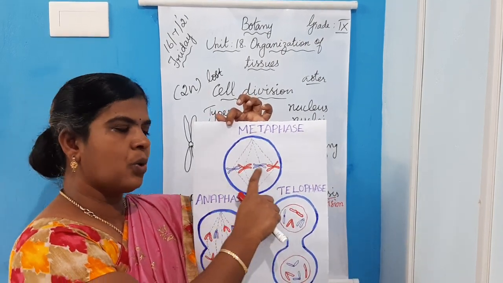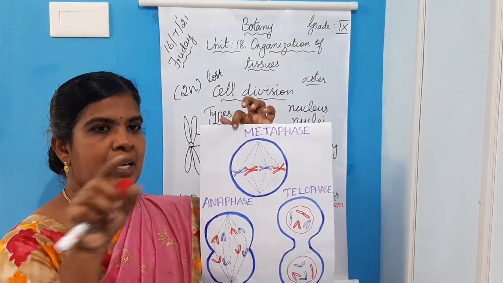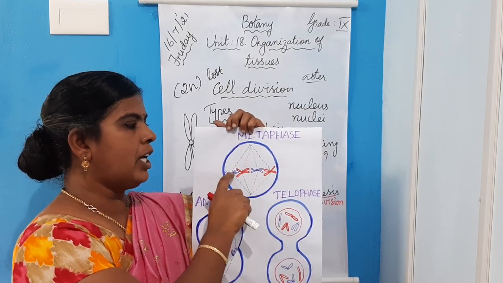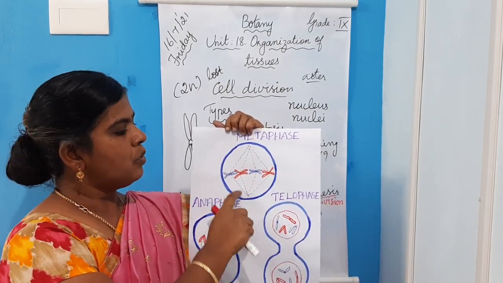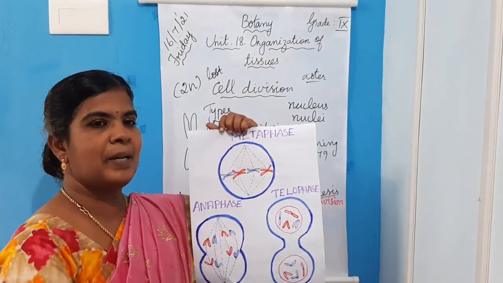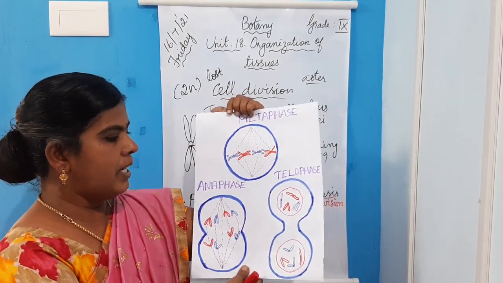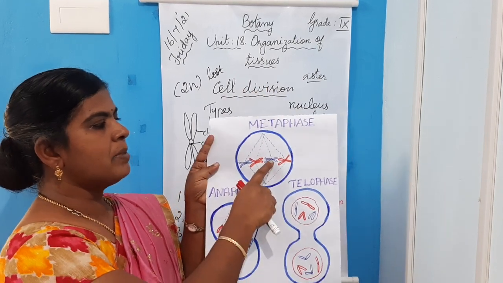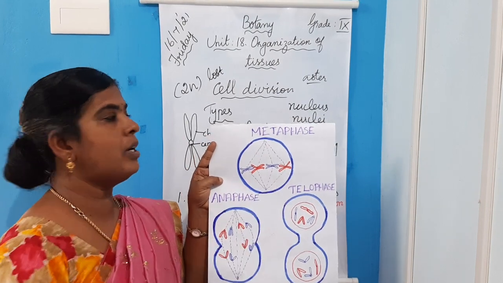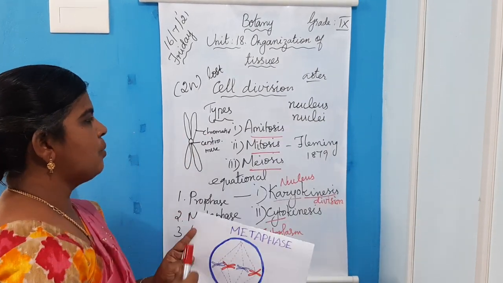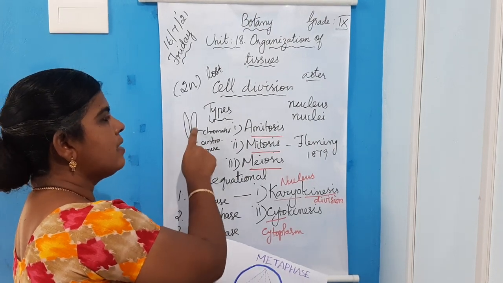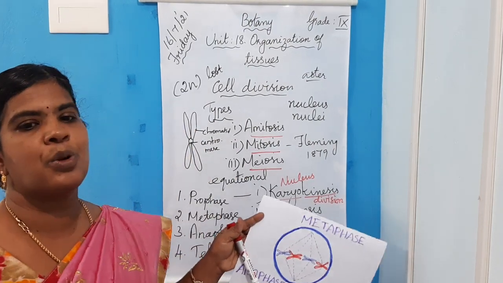During metaphase, all chromosomes are arranged at the middle, which is called the equatorial plate. Which fibers are formed at the opposite poles of the cell? Spindle fibers. The chromosomes are attached to the spindle fibers by the central body, called the centromere. The arms of the chromosomes are called chromatids.